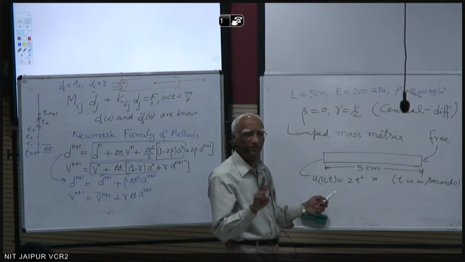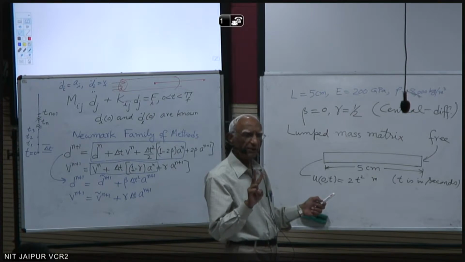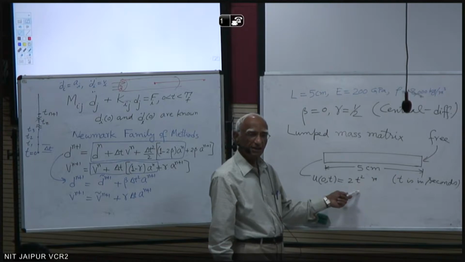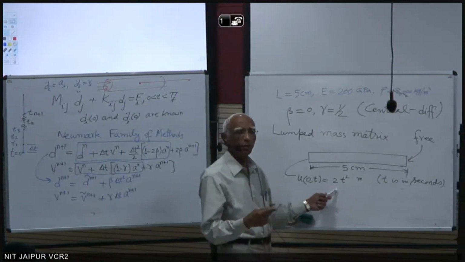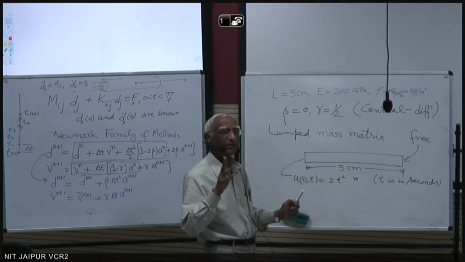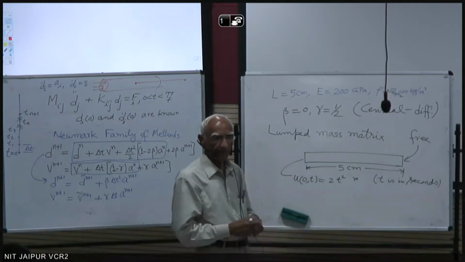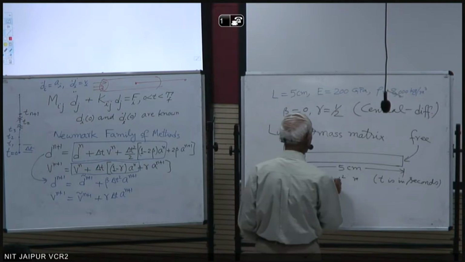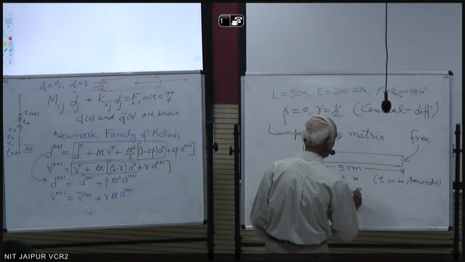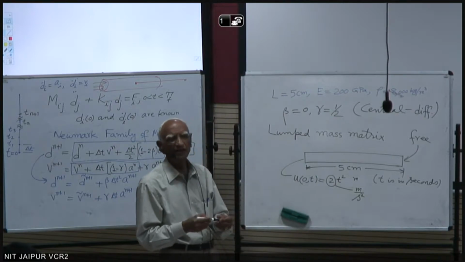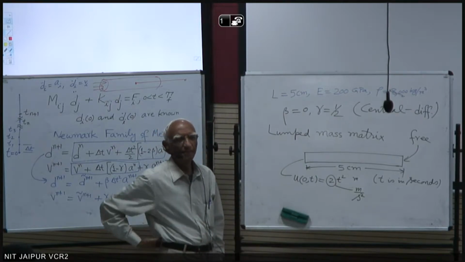So when you differentiate with respect to time twice, you will get just 4. That will mean you are applying acceleration as 4 meter per second squared. So this 2 is really meter over second squared, even though I did not write it that way.